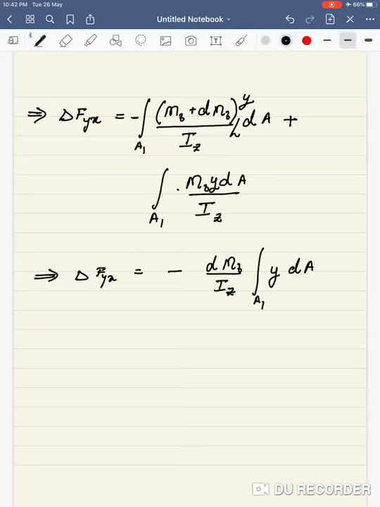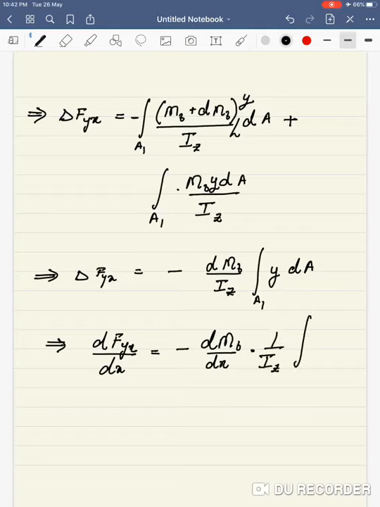You already know what I'm going to do. Can you please write it with me? This is going to be dFyx/dx equal to minus dMB/dx multiplied by 1 by Iz multiplied by the integral of y dA over A1.